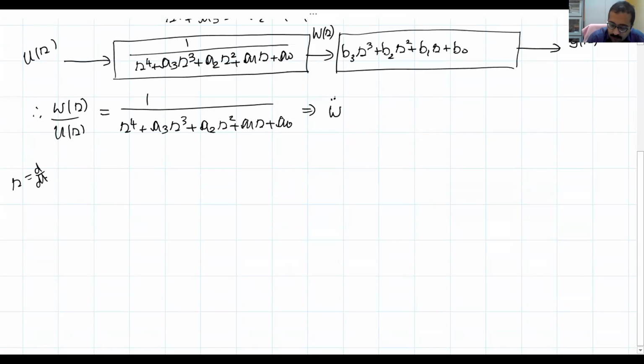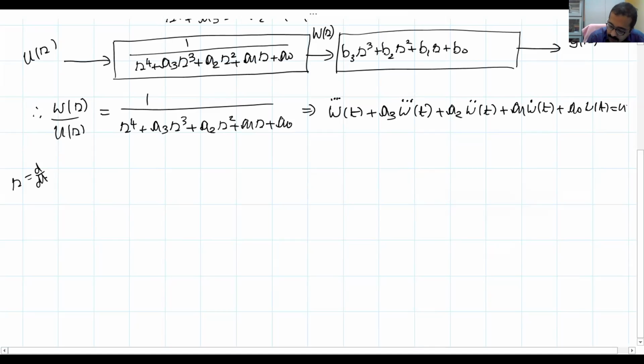I will write it like this: w fourth derivative of t plus a3 w triple dot t plus a2 w double dot t plus a1 w dot t plus a0 w of t equal to u of t. Now I will call this w of t as x1. Let w of t equal x1 of t. So w dot t will be x1 dot t.